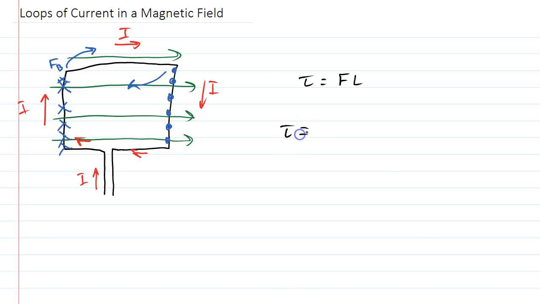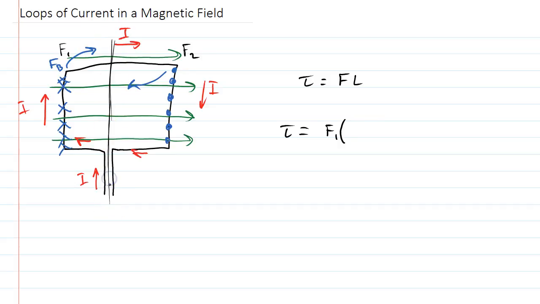So we're going to look at the different torques of both sides and add them together. We'll call this side over here force 1 and this side force 2. Now force 1 is going to have a torque if you multiply by the length it is from the center here.